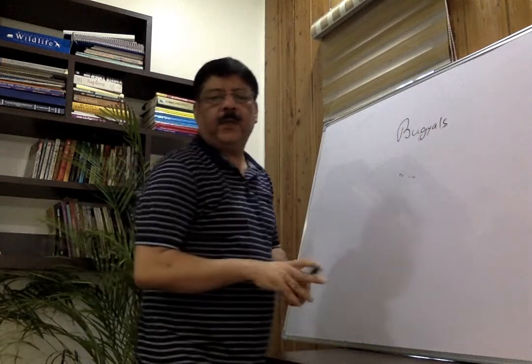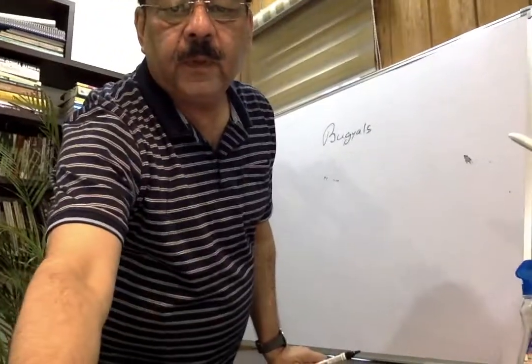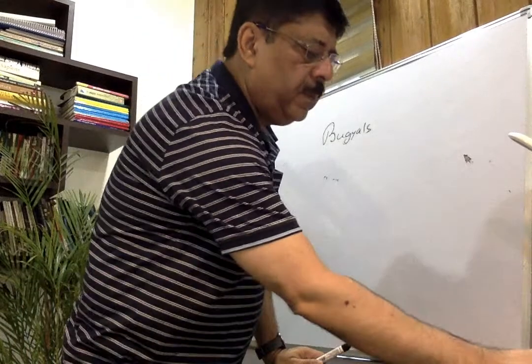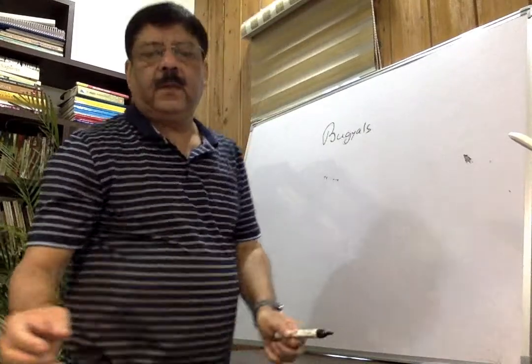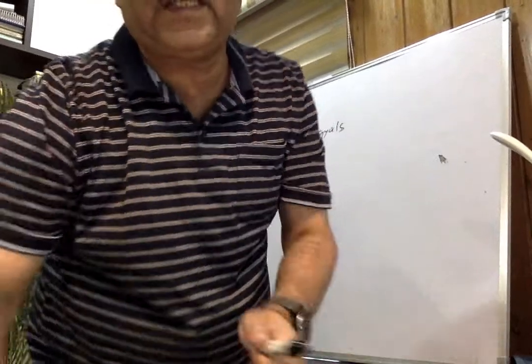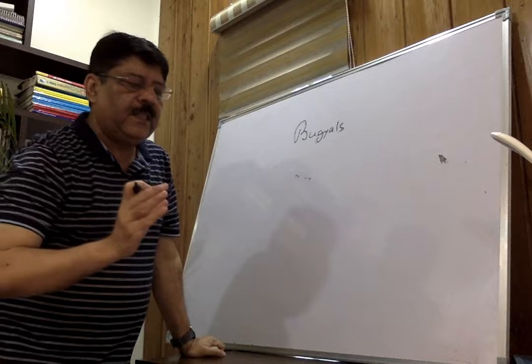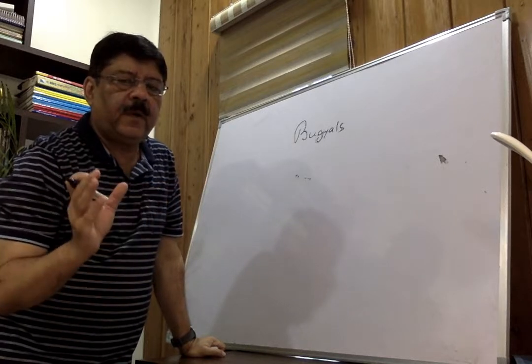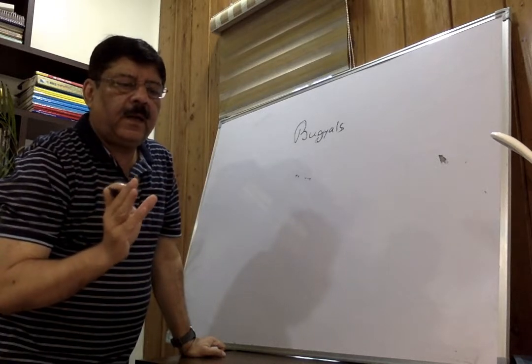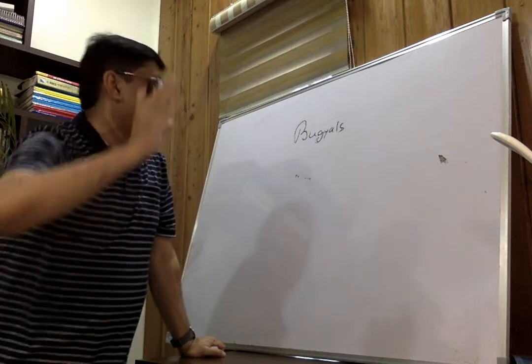Can you see the board? And can you hear me? Yes, green grassland. Yes, you are very right. But there is a very fancy name for bugyals. Meadows, yes.